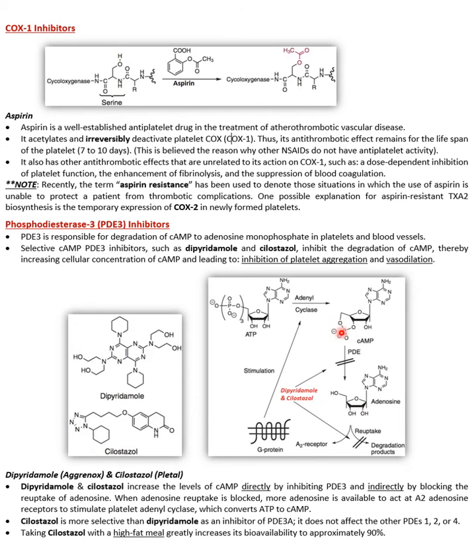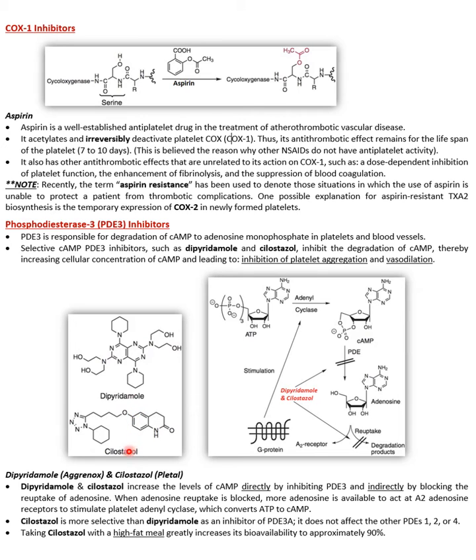Notice that one of the phosphate groups here is removed, and so by inhibition of this enzyme, we'll have more cyclic AMP. And if you remember, a minute ago we mentioned that cyclic AMP is the one responsible for inhibiting the aggregation, basically maintaining the normal cell and preventing the aggregation of platelets. Okay, it's also responsible for vasodilation.